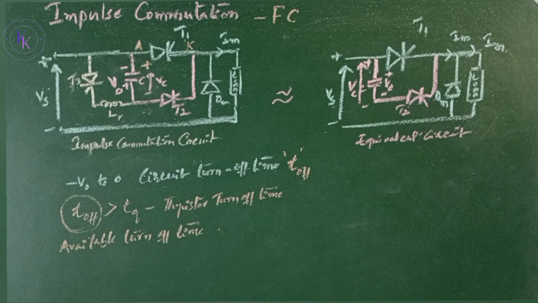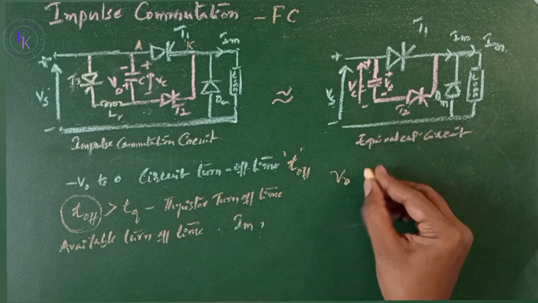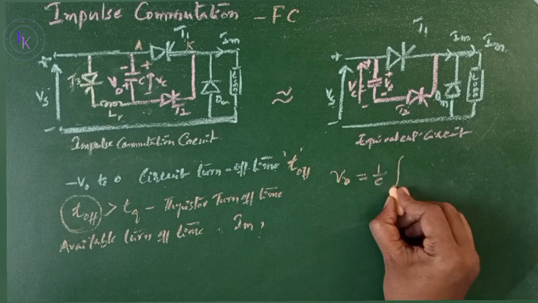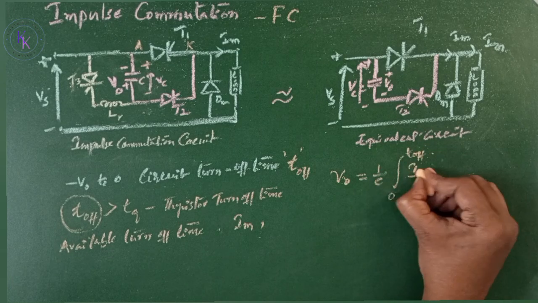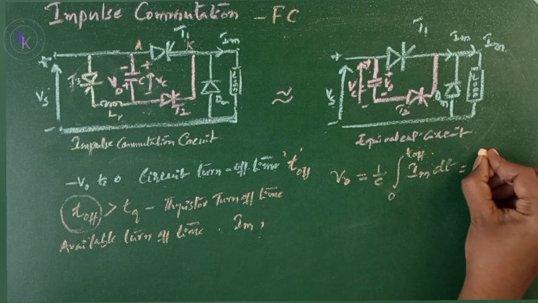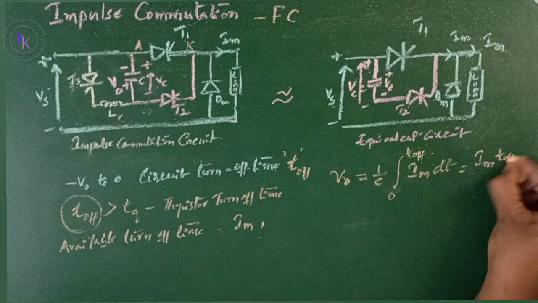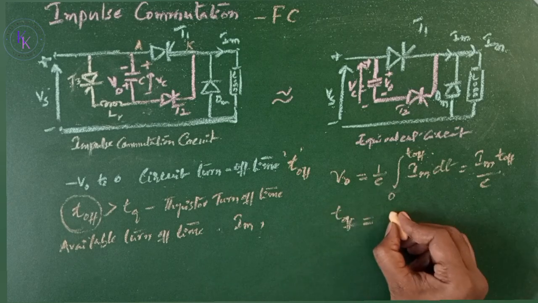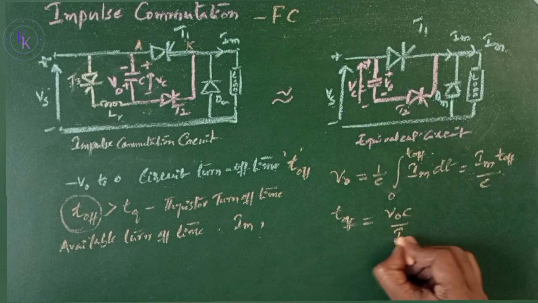The discharge time will depend on the load current, and assuming a constant load current of Im from the circuit, V0 equals 1 by C integral 0 to T off of Im dt. So we get Im T off divided by C. Now T off equals V0 C by Im.